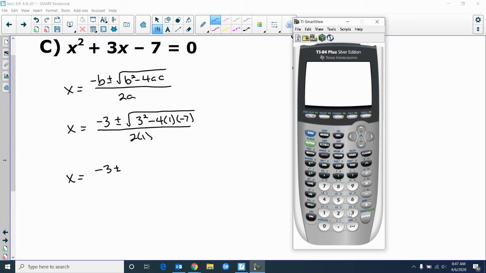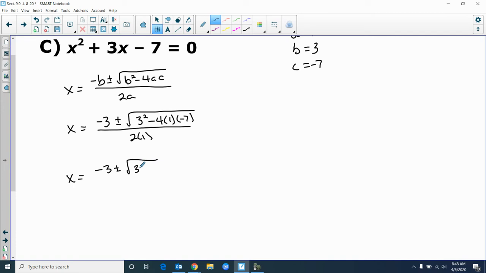Figure that out. It is 3 squared minus 4 times 1 times -7, which is 37, over 2.